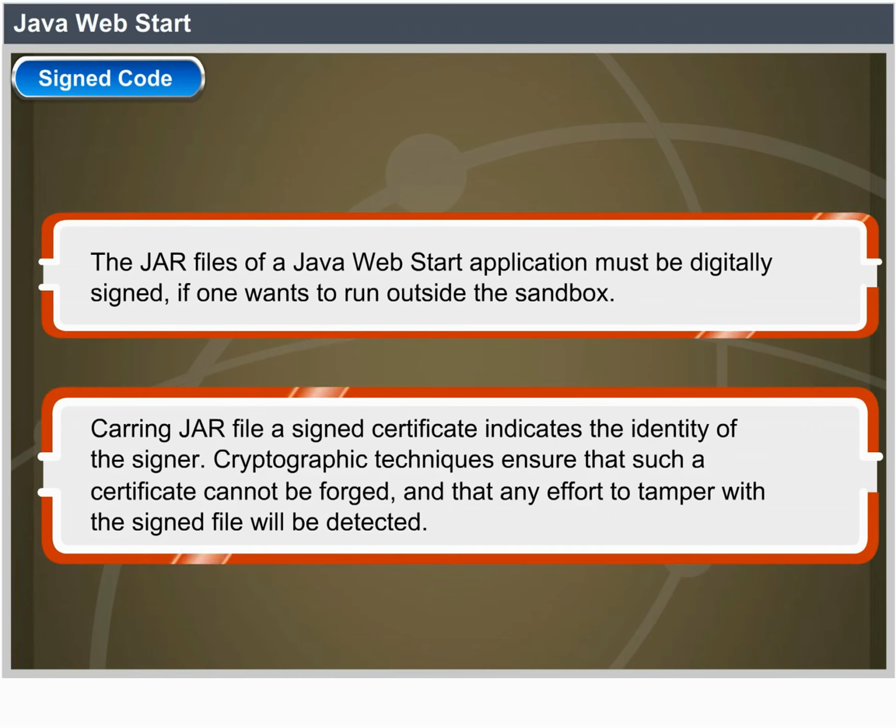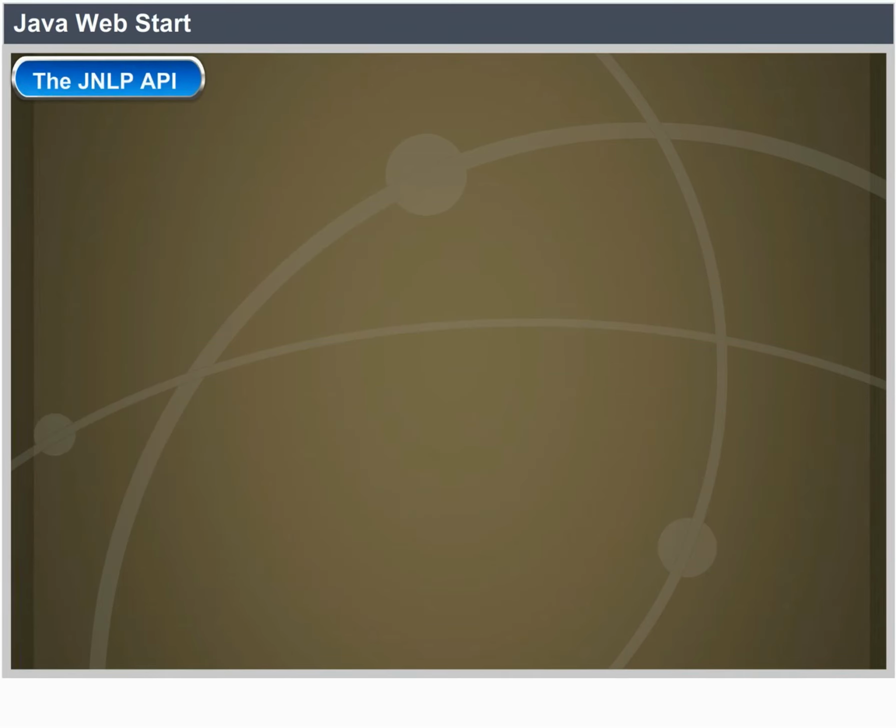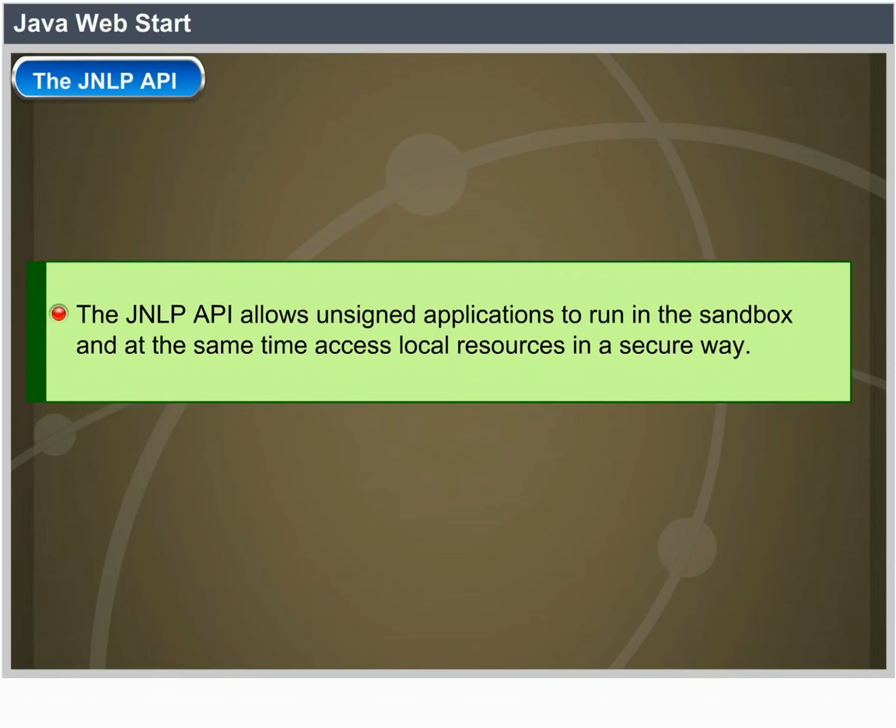Cryptographic techniques ensure that such a certificate cannot be forged and that any effort to tamper with the signed file will be detected. The JNLP API. The JNLP API allows unsigned applications to run in the sandbox and at the same time access local resources in a secure way.